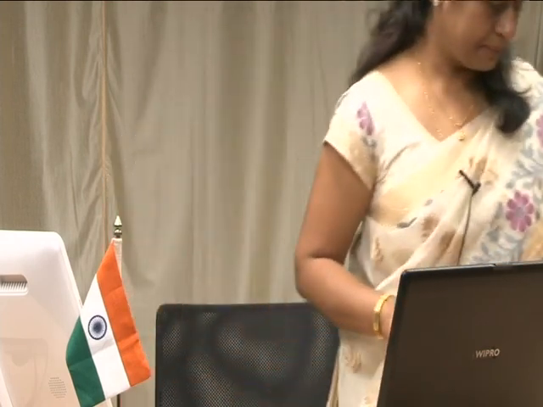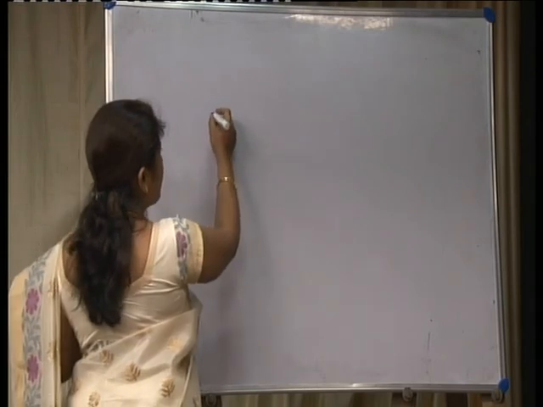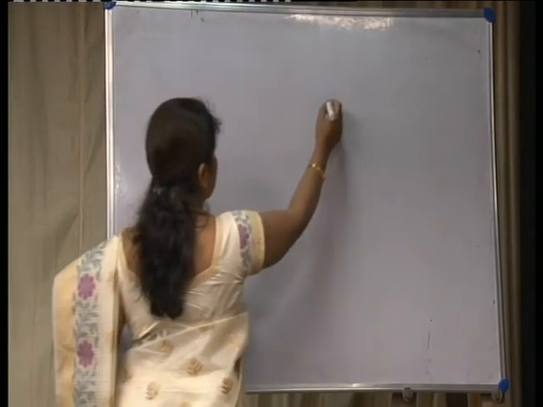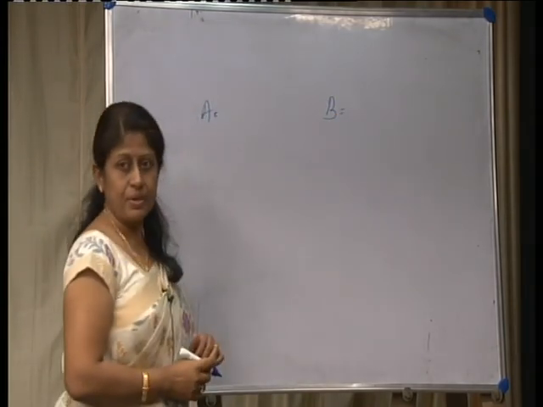To understand what matrix multiplication is, say for example you have two matrices A and B. Of course the order of the matrix is important.